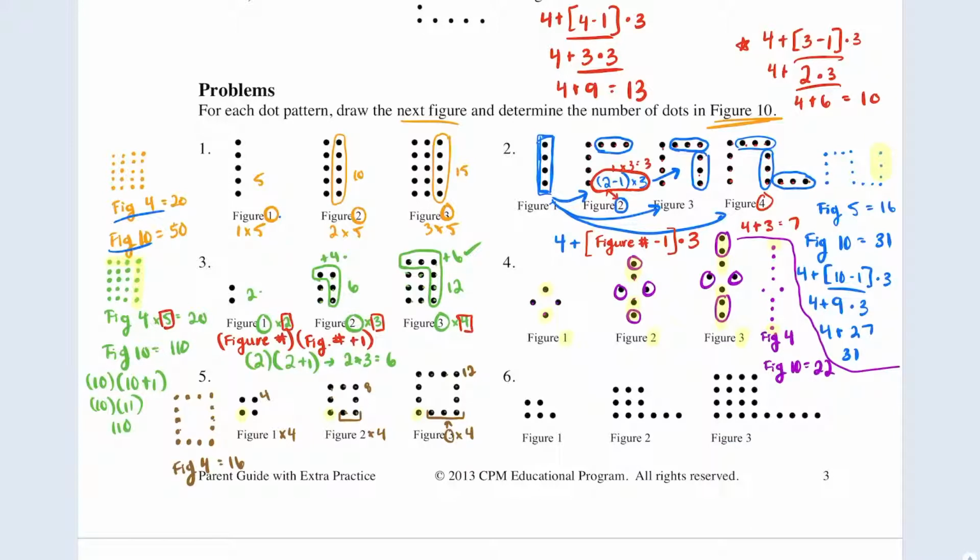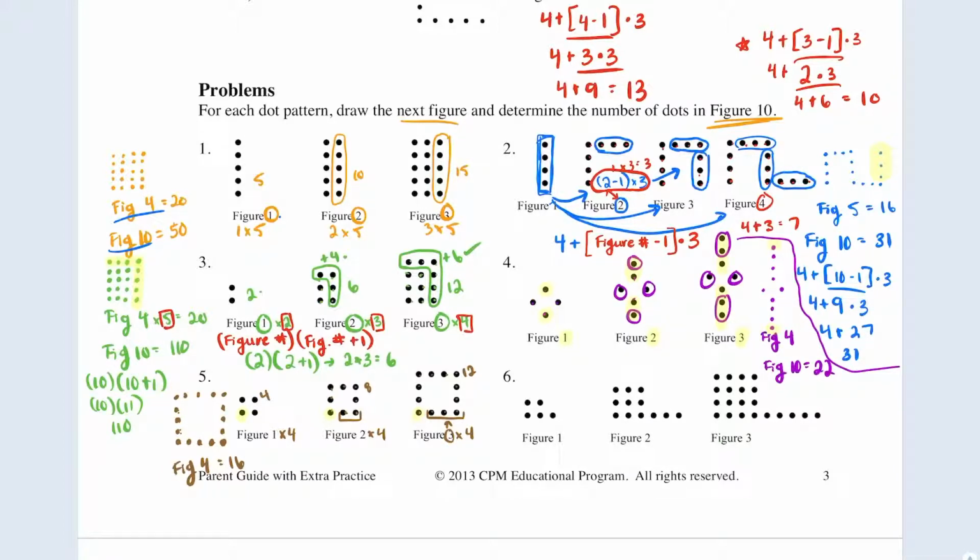Oh, you know why, guys? Because I drew this incorrectly. I remember I said I need to add 4 dots. I only added 3. So there we go. There's my 4th dot. That should make things much better. Okay, now let's count. 1, 2, 3, 4, 5, 6, 7, 8, 9, 10, 11, 12, 13, 14, 15, 16. There we go. All right, so there's my figure 4.